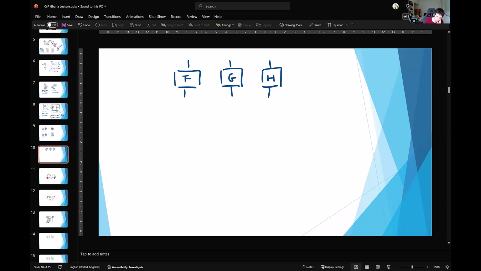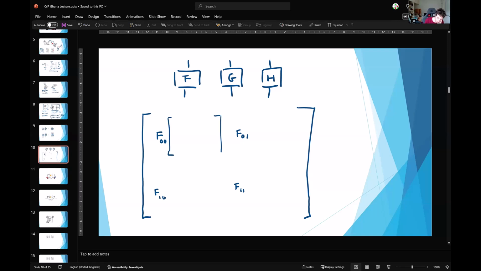So if you have 3 of these, imagine that all of them are still 1 qubit to 1 qubit. The result of doing this is a matrix that kind of looks like this, where you have F at the outside. So you have 4 blocks that start with the coefficients of F. And then you have some blocks inside here, which start with the coefficients of G, each of them.